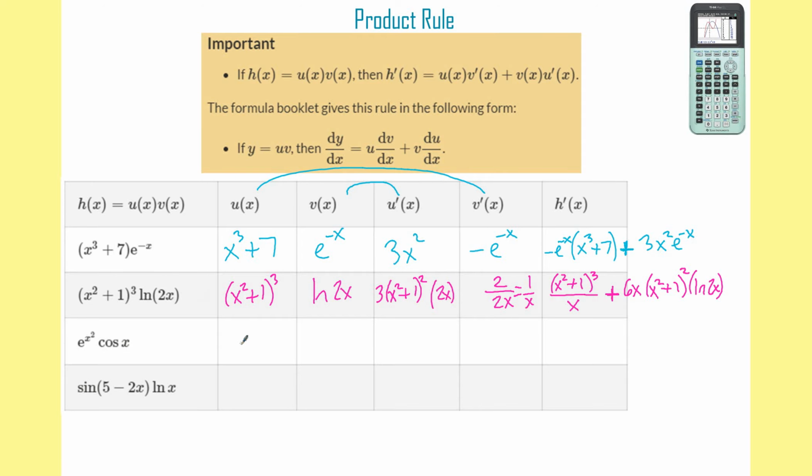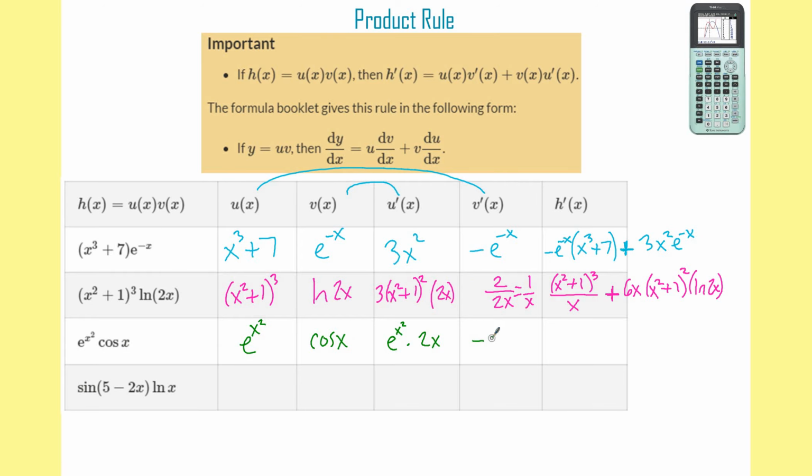Okay, we do it again. We have the left side, we have the right side. The derivative of this is a chain rule, so a function within a function. The derivative of the big function is just e to the x squared, and the inside function's derivative is going to be 2x.